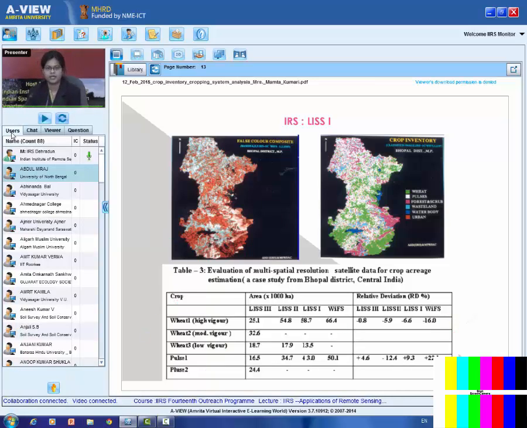One more thing, if we have the confusion in the same kind of crop at different places, then instead of taking one signature for a particular crop, we must take a different kind of signature to take the high vigor, moderate vigor or low vigor into account. So it is always better to categorize in this manner so that we can get the better result.